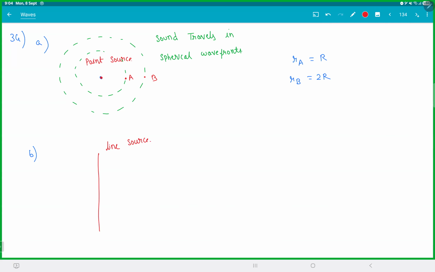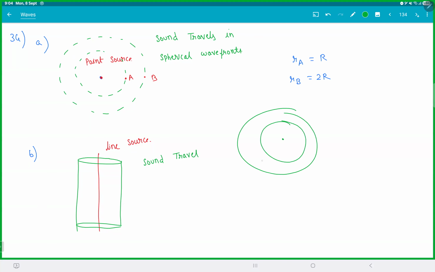Second case, we have a line source. So here sound travels in cylindrical wavefronts. We will talk about this in wave optics. If you think about this, this kind of looks like the field due to a point charge and the field due to an infinite line charge. Isn't it? If you take a point charge, how are the equipotential surfaces? Shells. If you take a line charge, how are the equipotential surfaces?